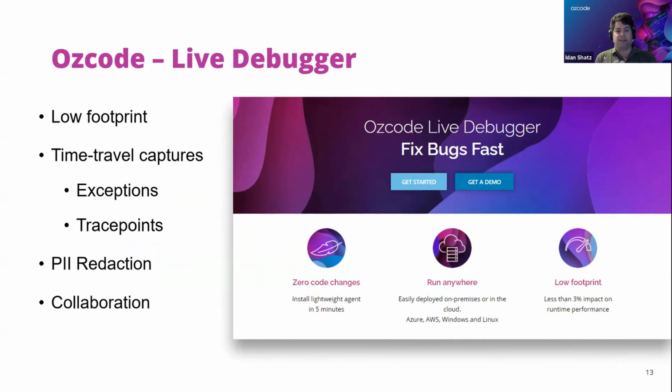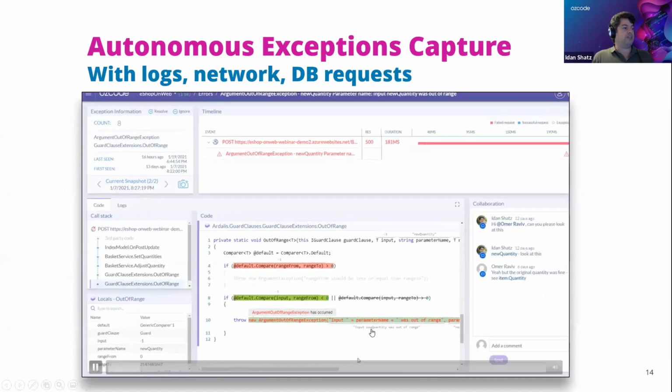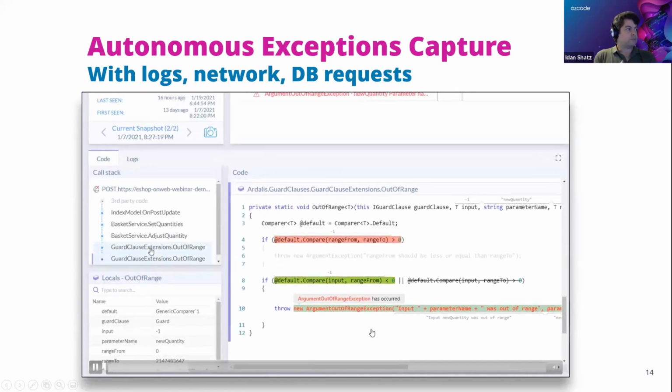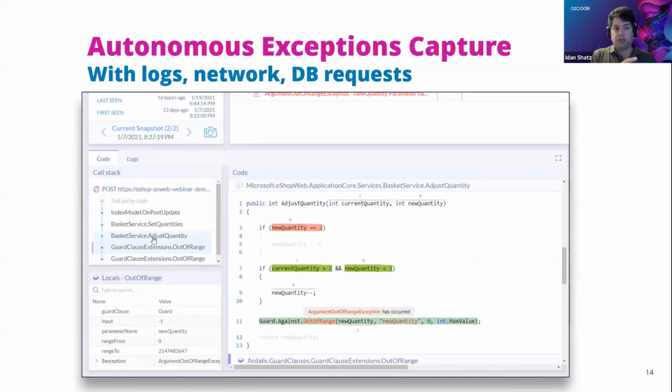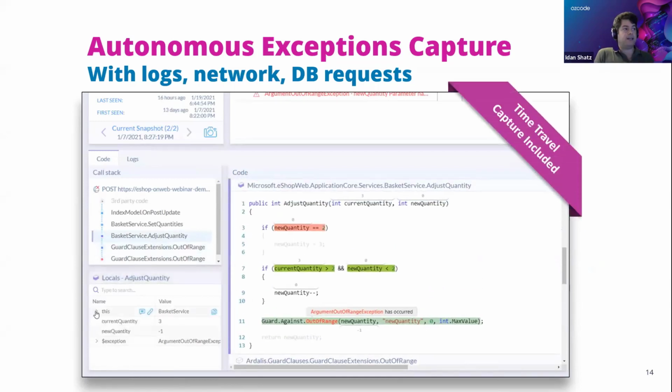And if you're not familiar with what the live debugger is, this is something extremely cool. It basically allows you to debug your processes, but they no longer have to be local. They can be in staging, they can be in production, and you can get two things immediately. One thing, as you can see here in a small movie, and we will dive a little more into the UI itself in a bit, is the ability to capture every exception.